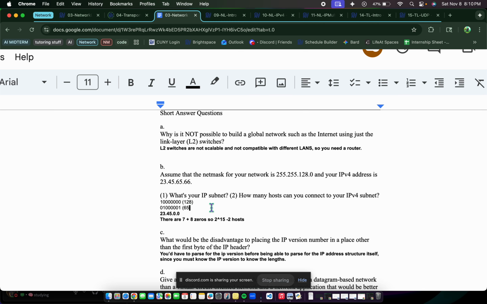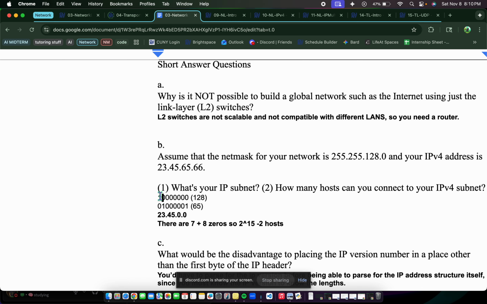With bitwise AND, if there's a 1 in both positions, the answer is a 1. If there's a 0 in one and a 1 in the other, or both zeros, then it's 0. So it has to be both bits in the same position. In this case, we get all zeros all around.